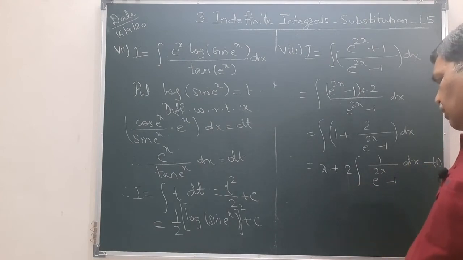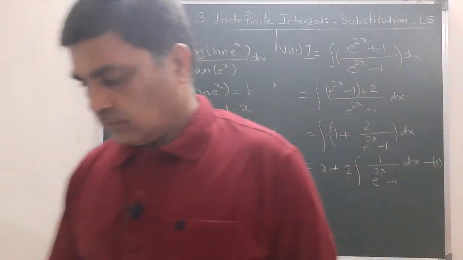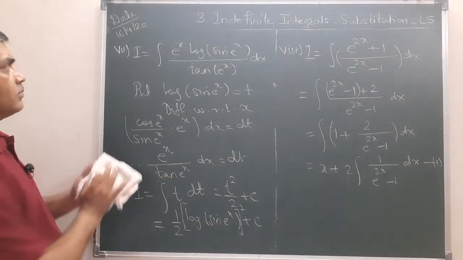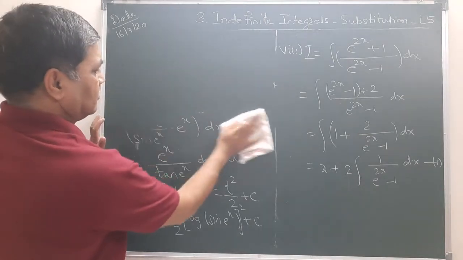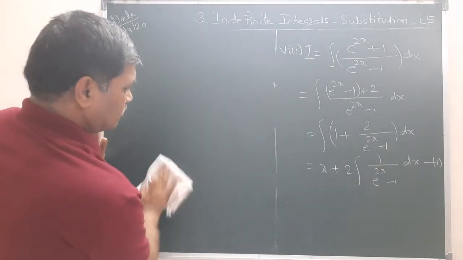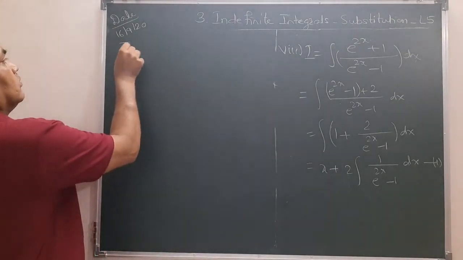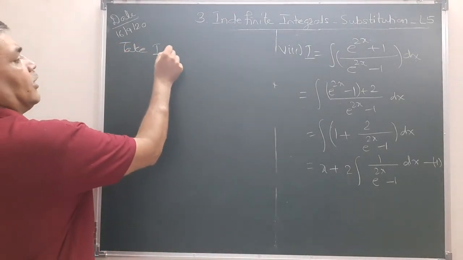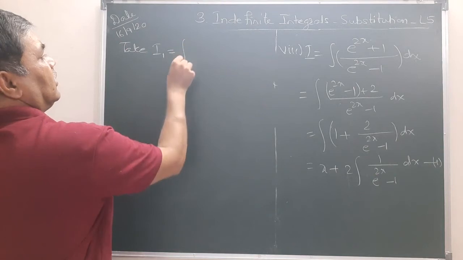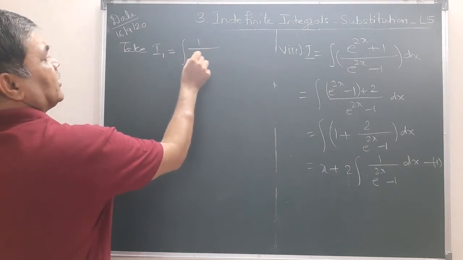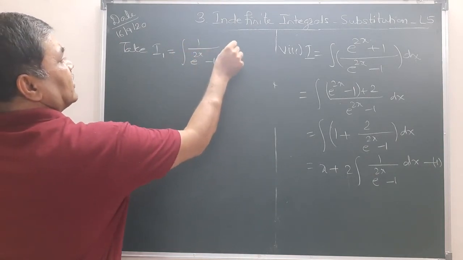Take I1 is equal to integral of 1 upon e raised to 2x minus 1 dx.